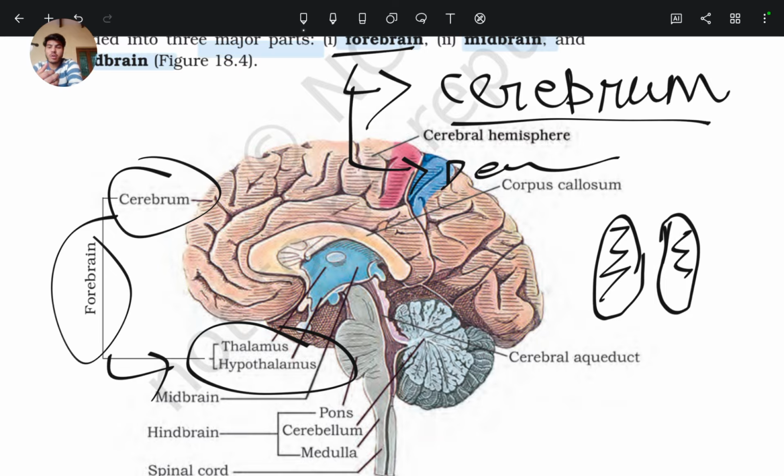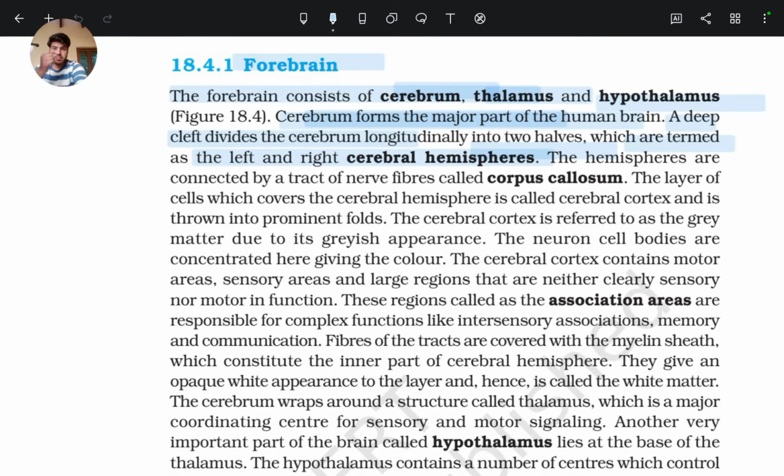This is the diencephalon part and this is the cerebrum part. A deep cleft divides the two portions of the hemispheres.